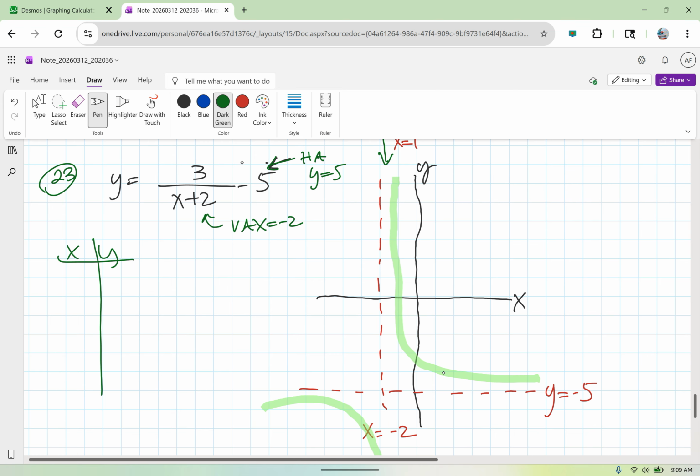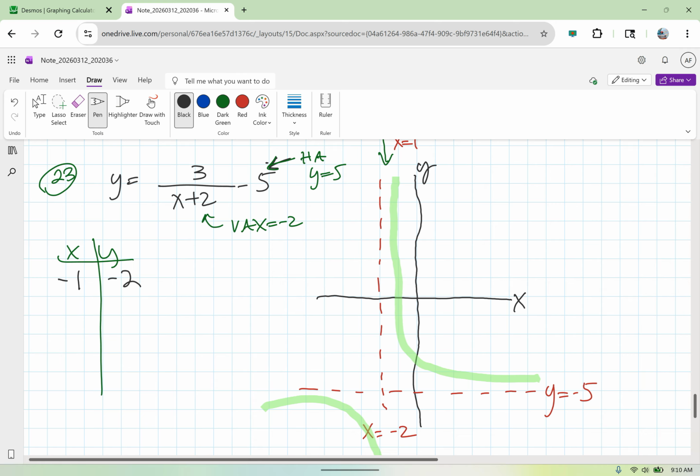So to get the points in here, that would be an x value of -1. Yes, we should have a -1. When x is -1, plugging that into our equation, that turns into -2, because that becomes 1, so 3 minus 5 is -2.